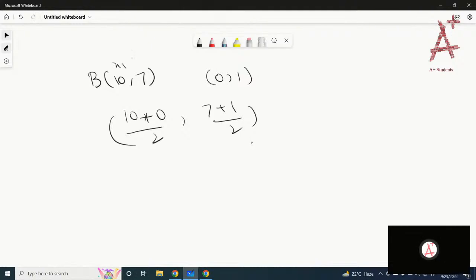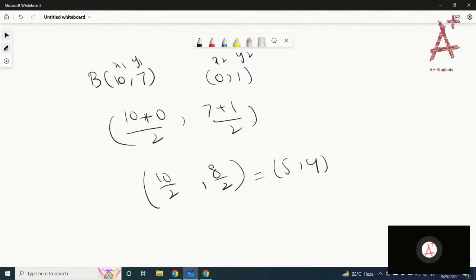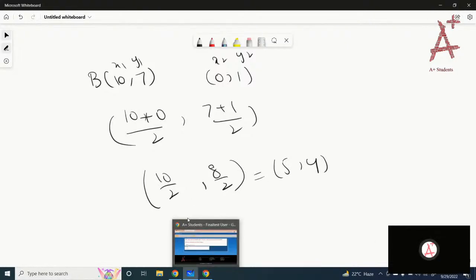This is x1 and y1, this is x2 and y2. So we just used the midpoint formula. 10 plus 0 is 10 over 2 and 7 plus 1 is 8 over 2. So 10 by 2 is 5 and 8 by 2 is 4. So the midpoint is (5, 4). Got it?